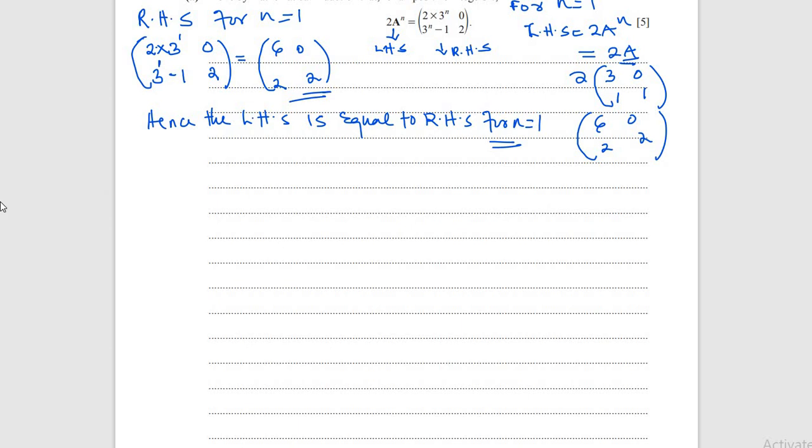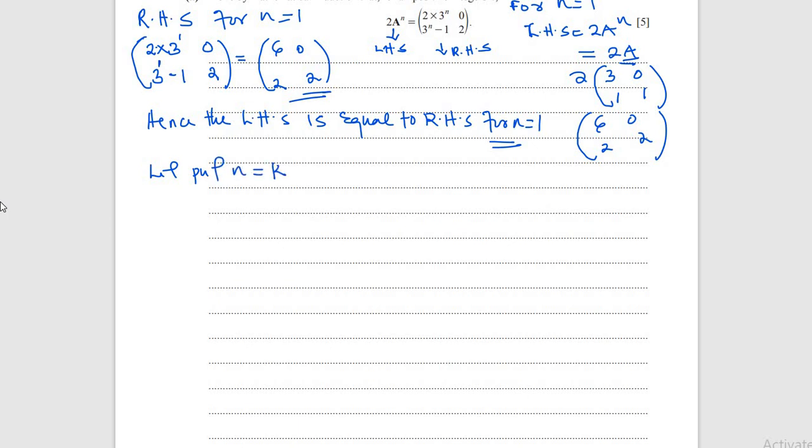And the second step: for n equal to 1, the left hand side is equal to the right hand side. Now let's put n to be equal to k.